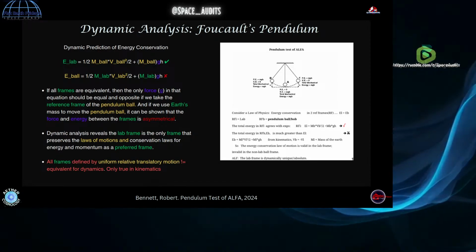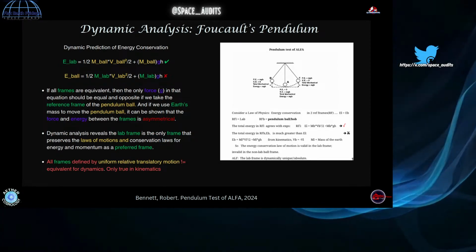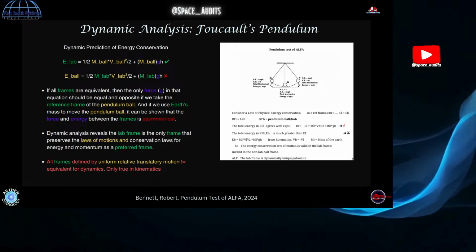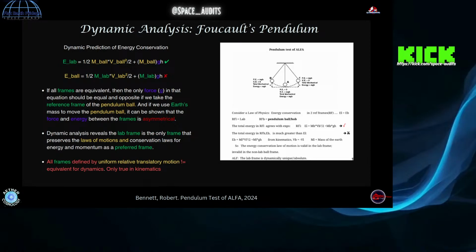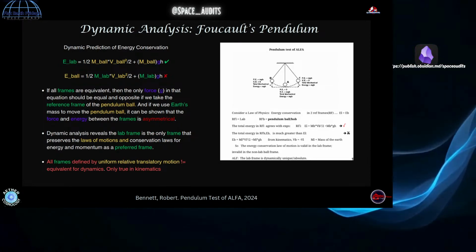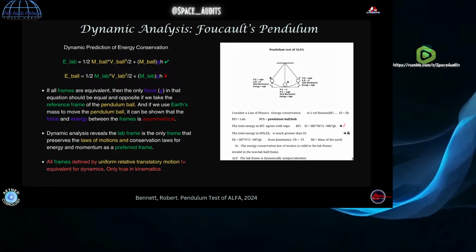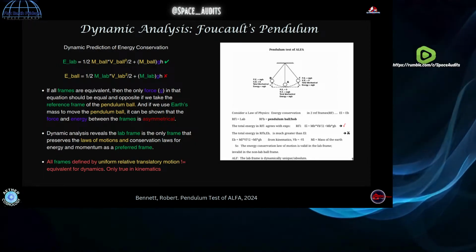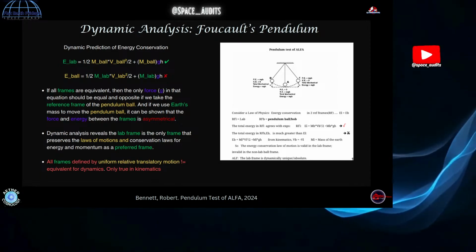So the pendulum bob swings with respect to a stationary Earth. The frame equivalence there isn't representative in the energy output when you analyze the energy produced by the frames. So there's an unrepresented amount of kinetic energy potential that's not represented there.